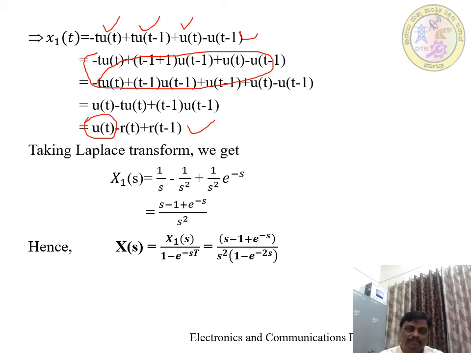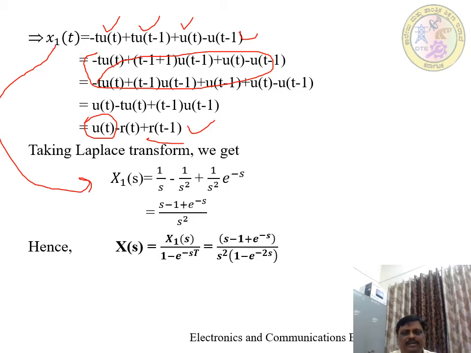Therefore, if I take the LT for this x1 of t, I am getting x1 of s, which is as follows here. That is, u of t gives 1 by s, minus r of t, which is 1 by s square, that is, the LT of the ramp function is 1 by s square, and the delayed ramp function is 1 by s square e to the power of minus s.